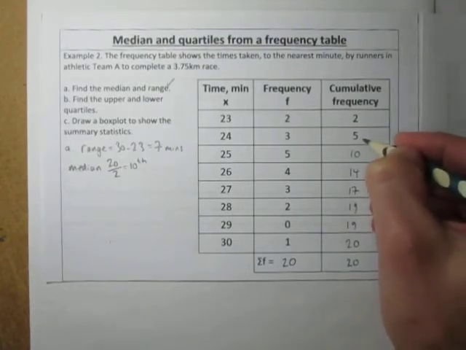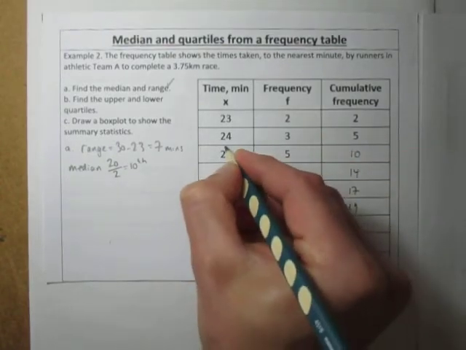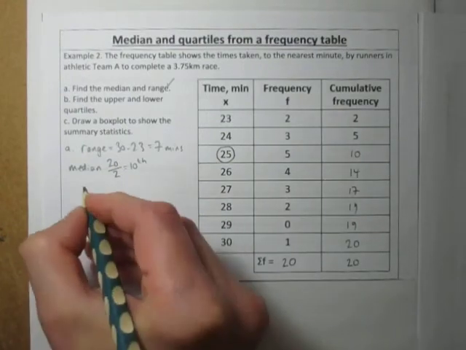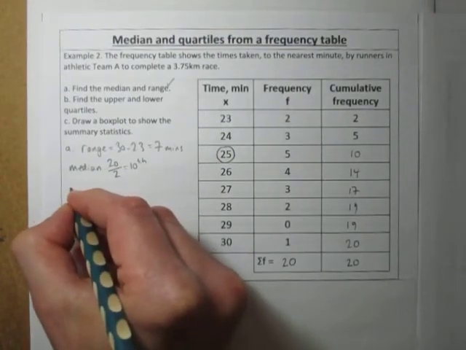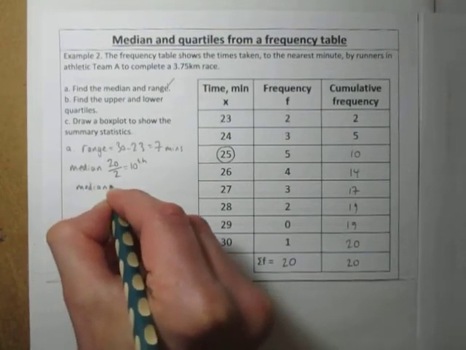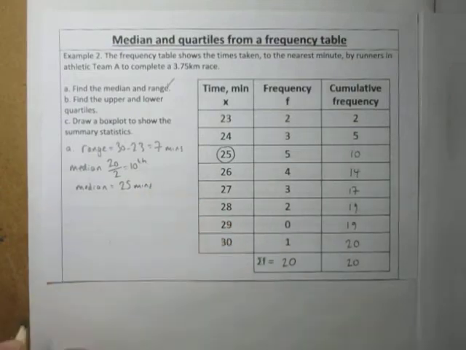Okay, so between 5 and 10, the 10th value, which tells me that this value here must be the median, 25 minutes. So the median is equal to 25 minutes.